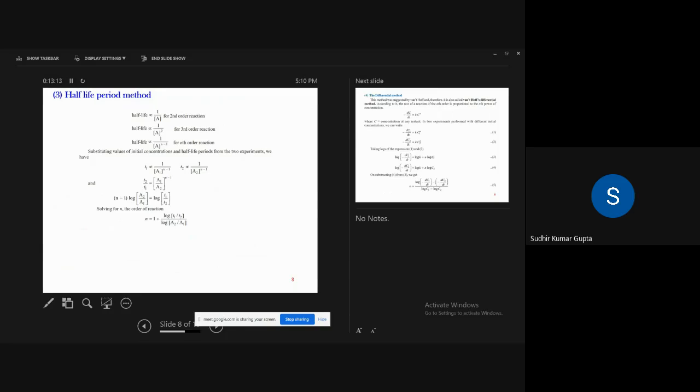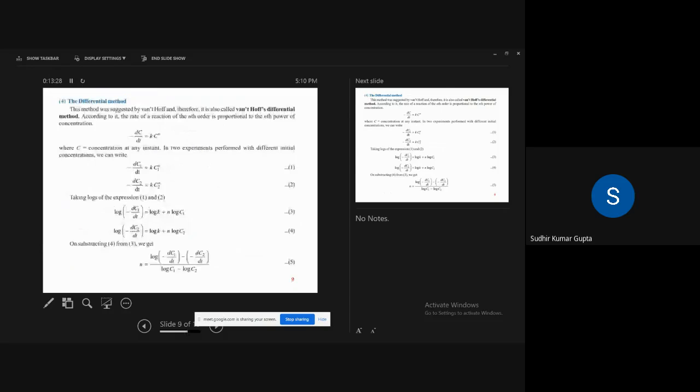For solving n, we get n is equal to 1 plus log of t2 by t1 upon log of a1 by a2, where t1 and t2 are half-life times for a reaction with initial concentrations a1 and a2 respectively. Then we come to the fourth method.